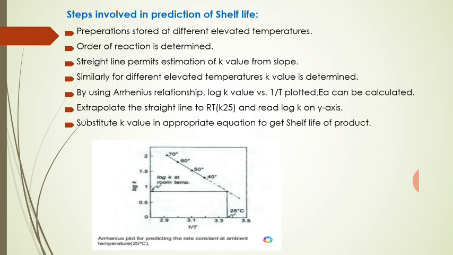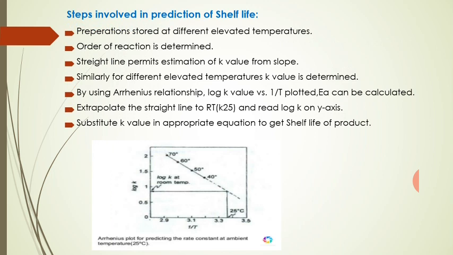Then the samples are withdrawn and drug concentration is calculated. From this data, the order of reaction can be determined by plotting the appropriate function of concentration against time, and a linear relationship is determined. From the slope, we can determine the value of K, and by using the Arrhenius relationship and plotting log K values versus 1/T, the value of Ea can be calculated.